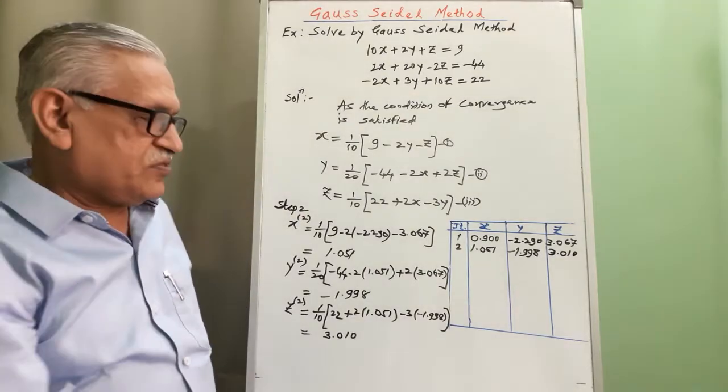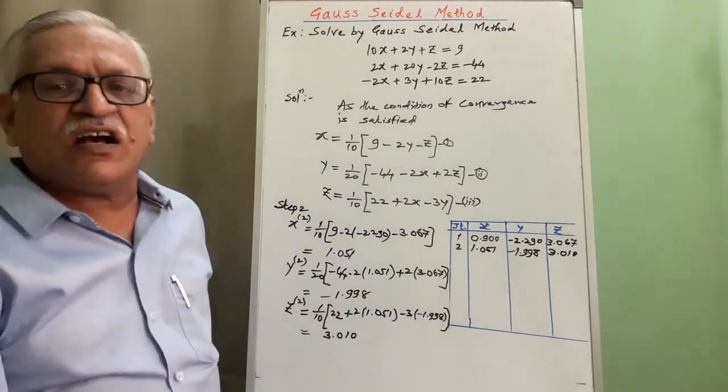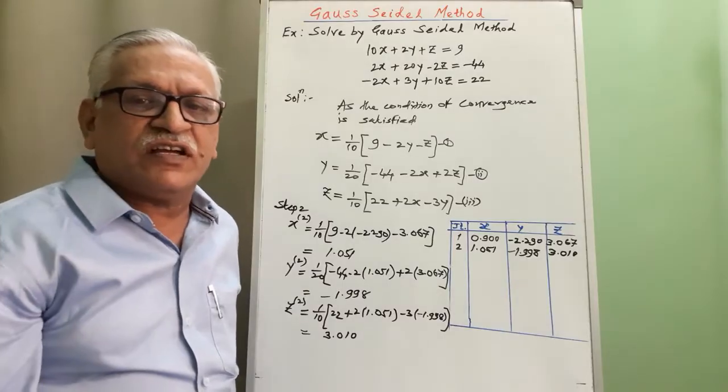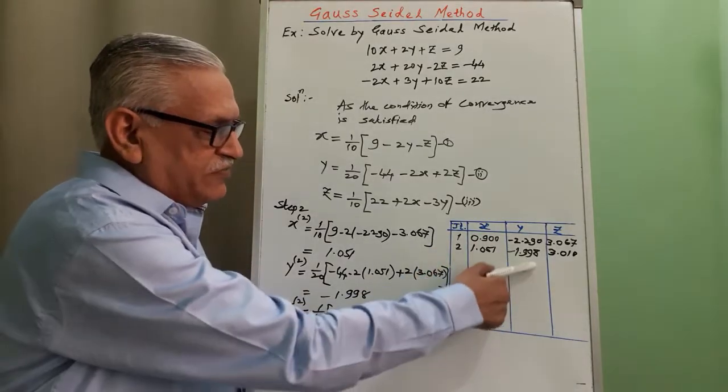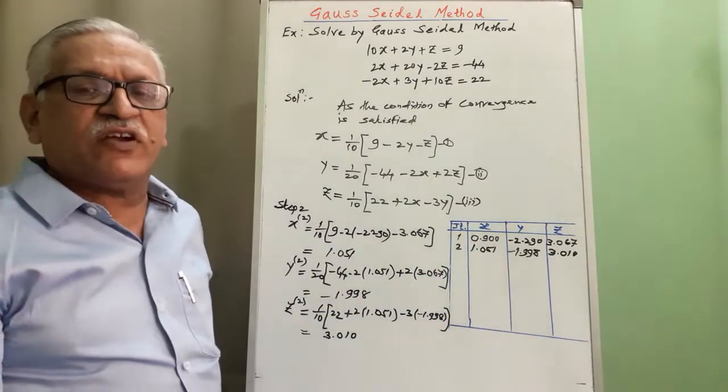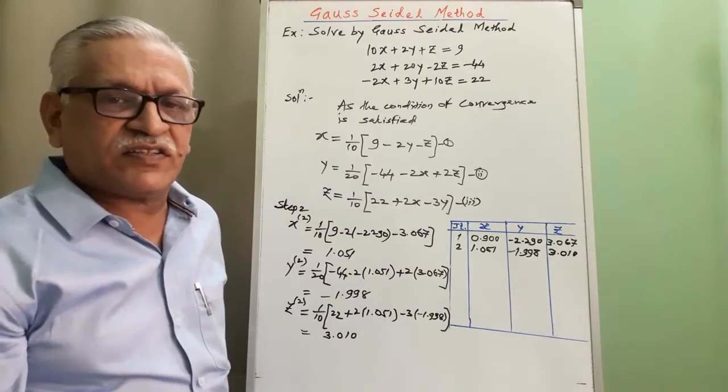If the successive values are nearly equal, we can stop the iterative procedure. If the values are not equal, like here, we have to go to the next iteration.